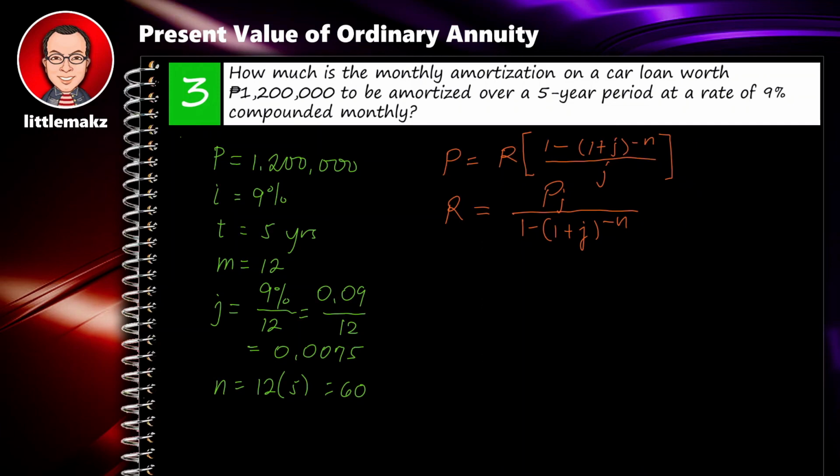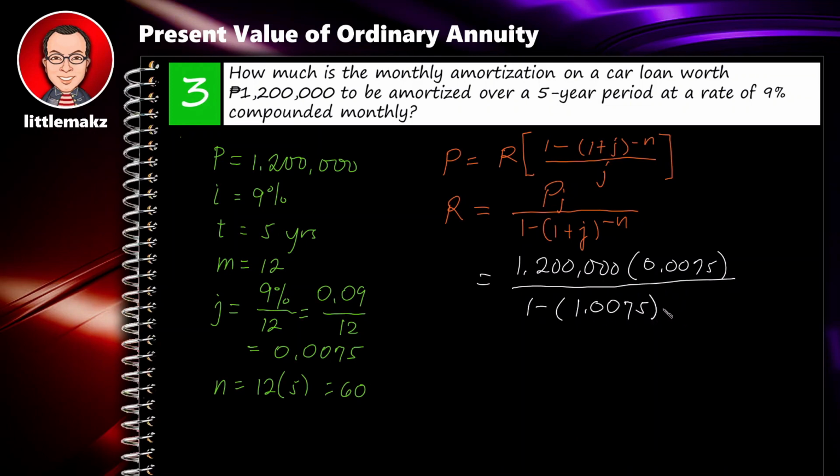And so substituting the given, P is 1,200,000 multiplied by our J, which is 0.0075. We divide this by 1 minus 1.0075. Our N is 60, so this is negative 60.